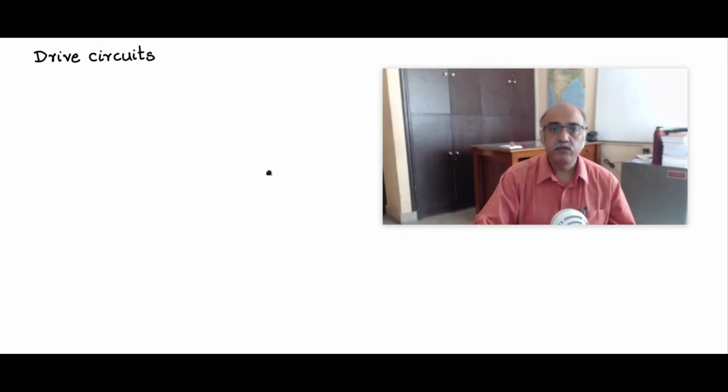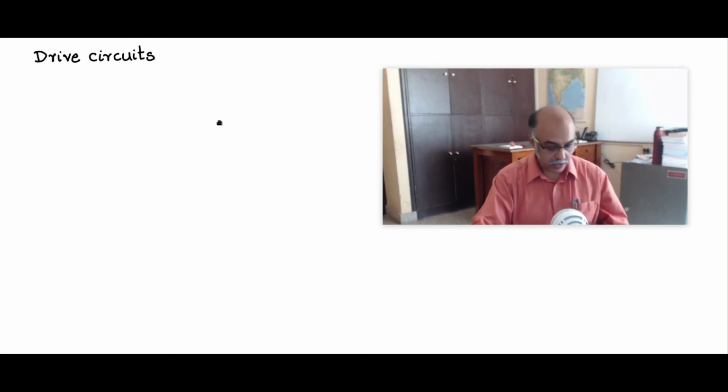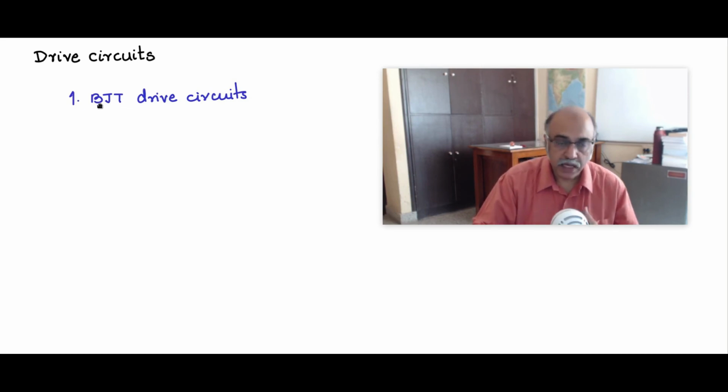In this session, we shall discuss the drive circuits of two very important, most popular devices. One is the BJT, the bipolar junction transistor, and the BJT drive circuits. They are very important because they are ubiquitous.